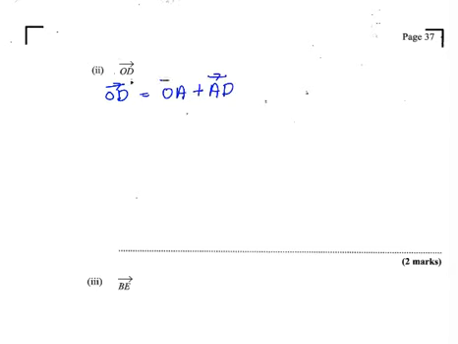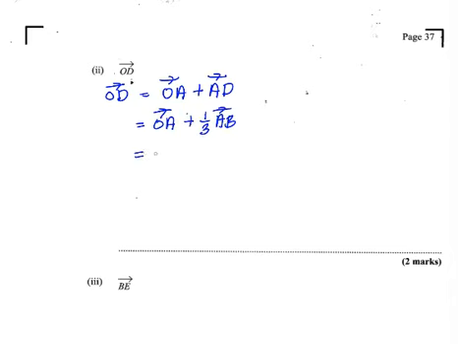That's the first thing. Now the vector AD is 1/3 of the vector AB.